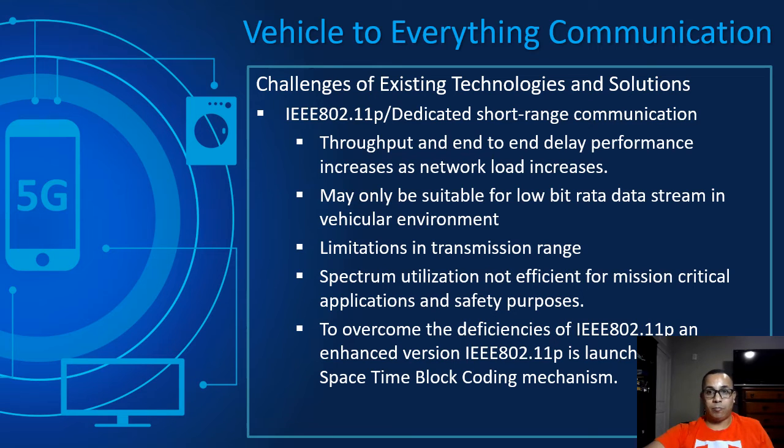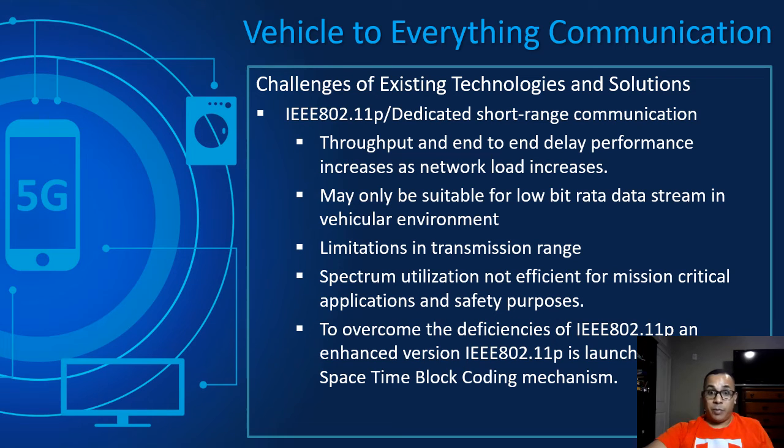Some of the challenges and solutions to technology concerns are for IEEE 802.11p. There's a great delay in the signal and the transmission when the network load increases. It is only considered to be suitable for low data, low rate data stream.